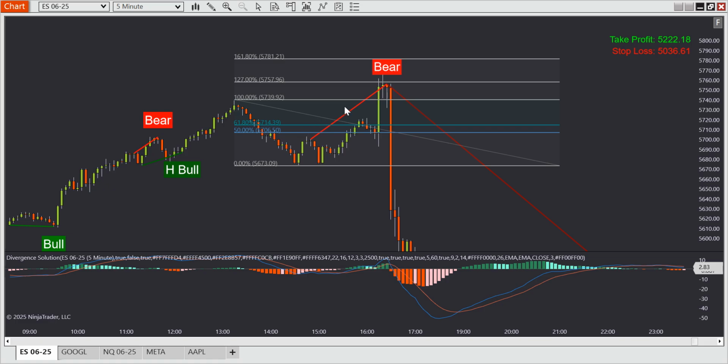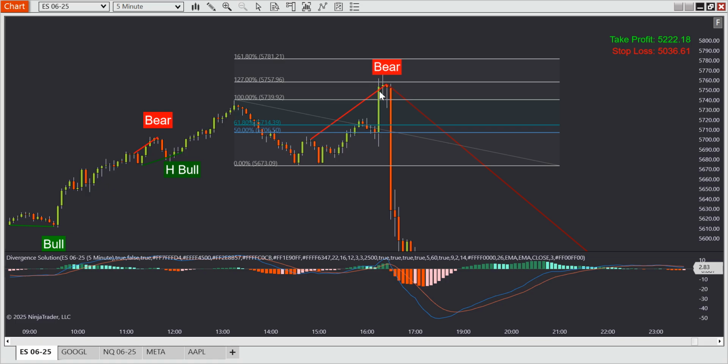But many times divergence is basically just a stop run on price, right? So we have this run here above this high.